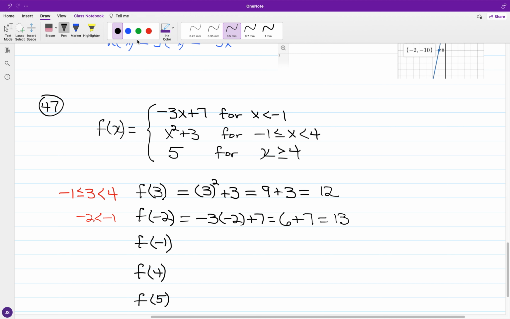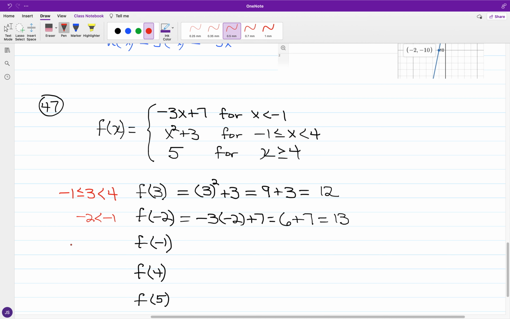Now for f of -1, -1 appears in the first and second inequality statements. -1 cannot be less than itself, so the first part is scratched out. For the second, -1 again cannot be less than itself, but it is equal to itself, and in turn -1 is less than 4.